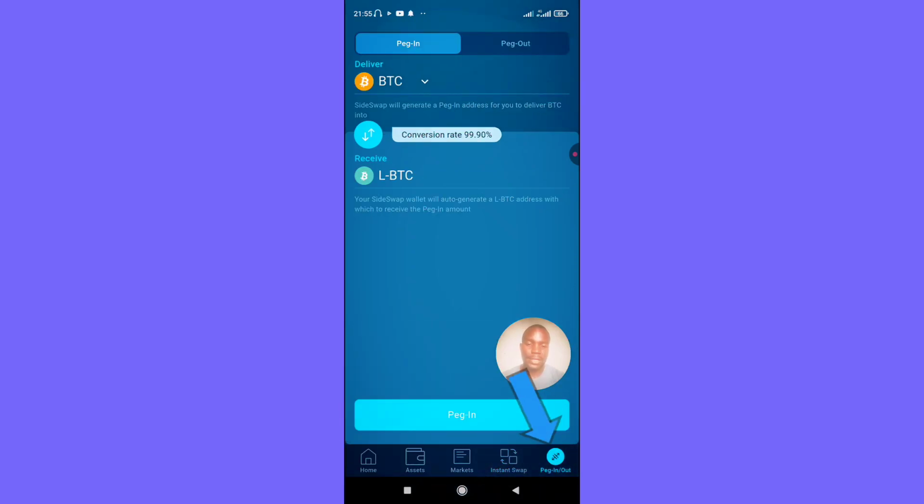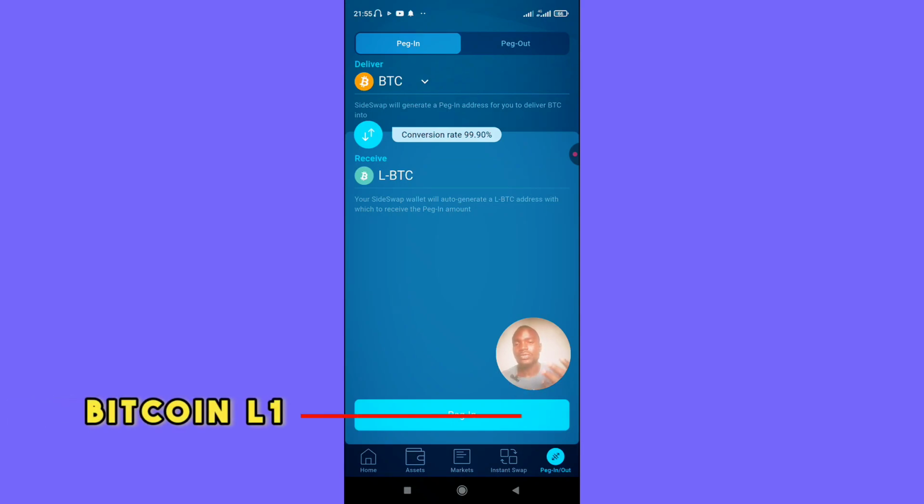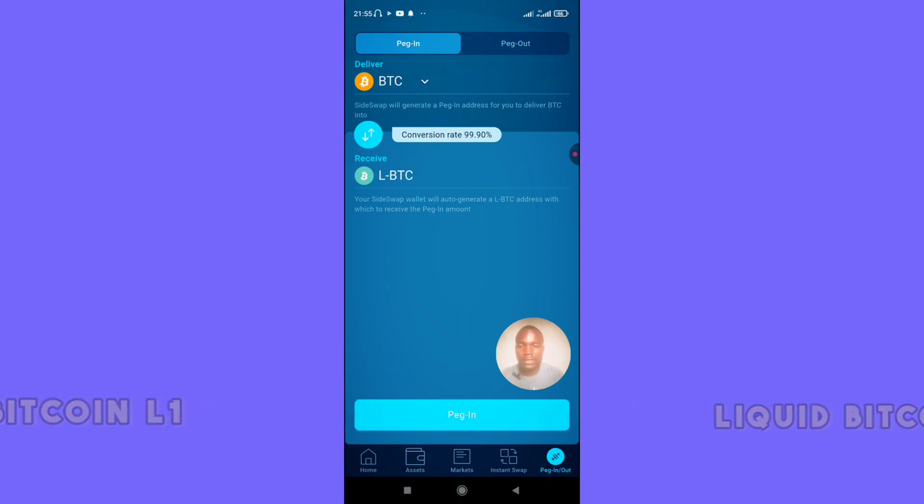Then under the peg in, peg out, this is now the part that enables you to take your mainnet Bitcoin into the liquid Bitcoin, which is the L-BTC. So in case I wanted to have my Bitcoin L1 converted to L-BTC, then I'd use the peg in, peg out feature within the Sideswap platform.